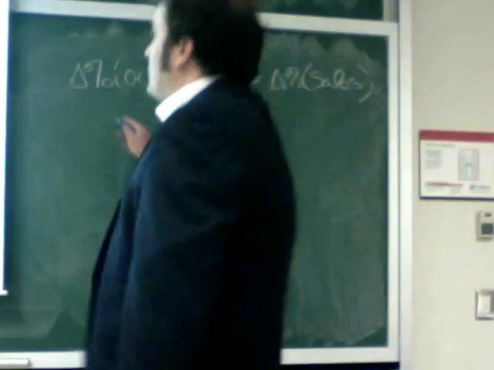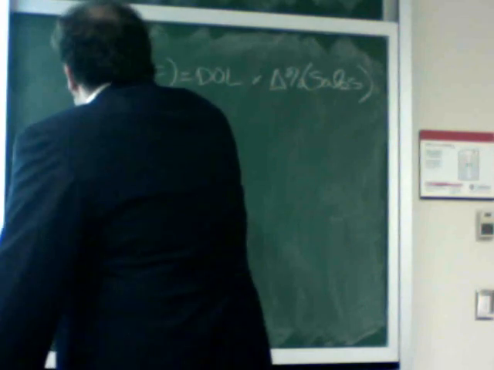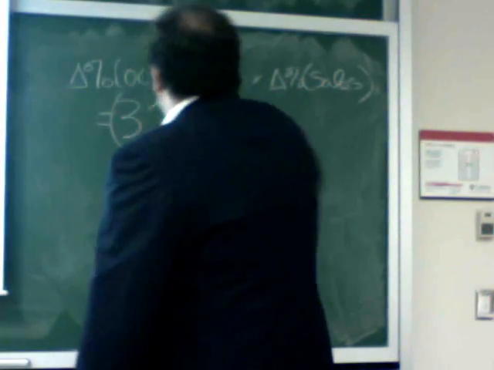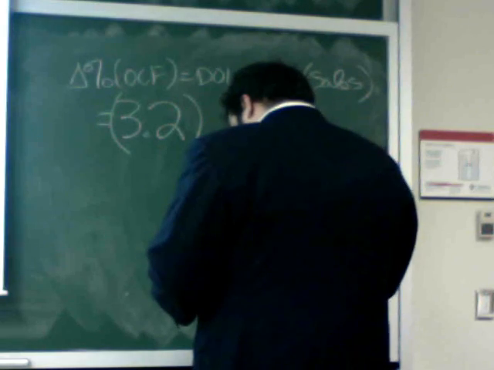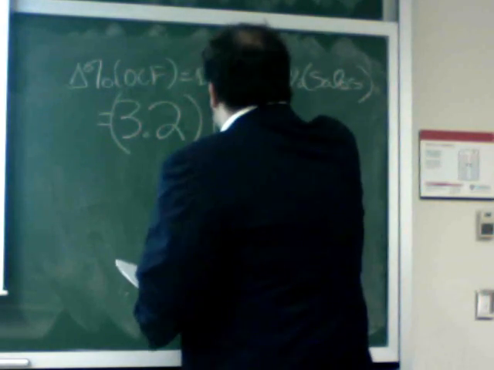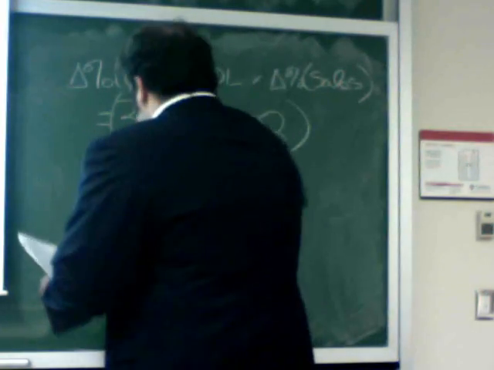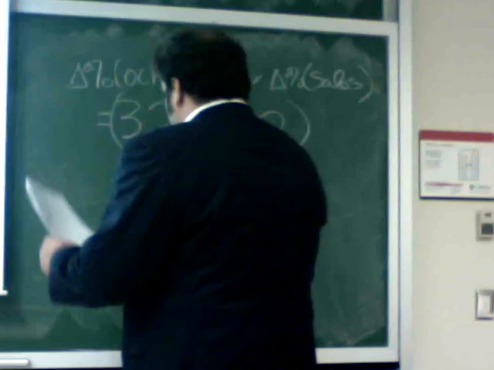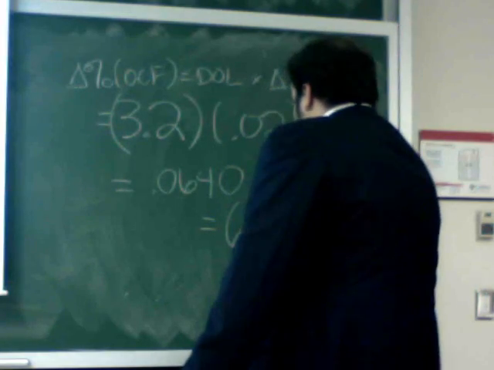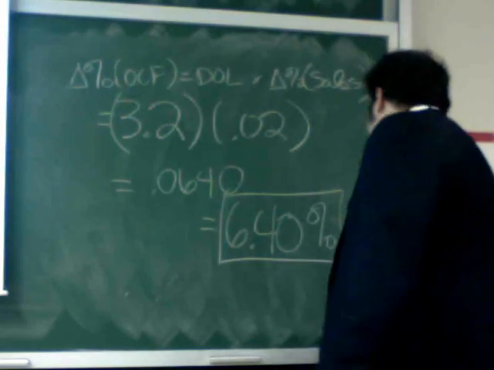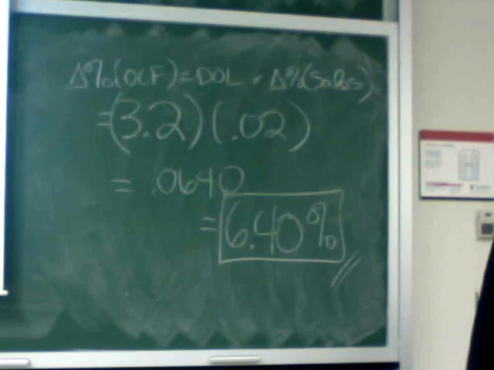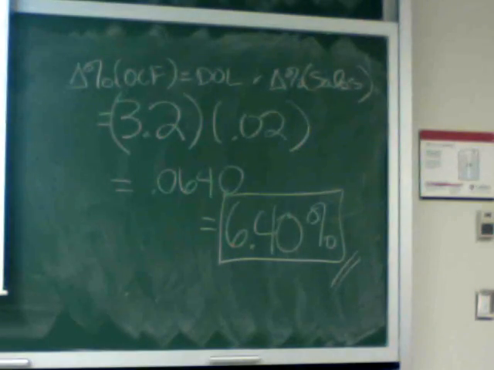So if the degree of operating leverage is 3.2 and the sales go up by 2%, then the operating cash flow is going to go up by 6.4%.